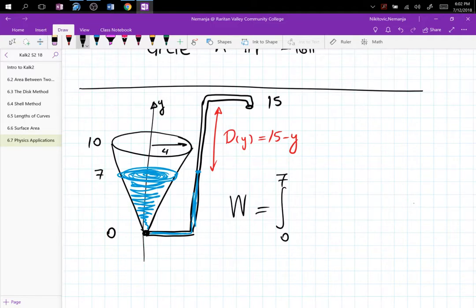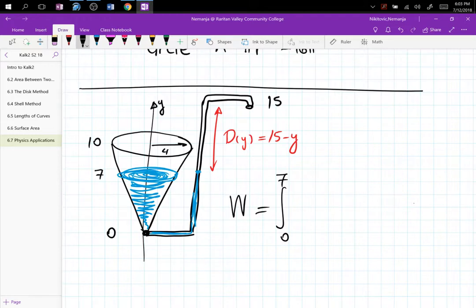If there's only 7 feet of liquid inside and I want to drain everything, it's 0 to 7. If it's only up to 7 full and I want to drain the top 2 feet, then it's 5 to 7. So the limits are telling us how much we are draining, everything or a part. And please don't ever drain from 0 to 2 because it doesn't work that way. It's going to be a wrong answer. You can only drain the top part. The liquid just moves throughout.